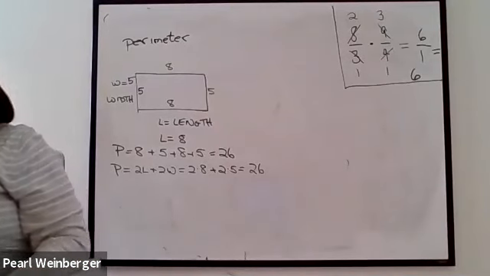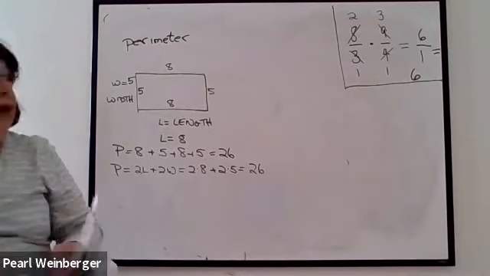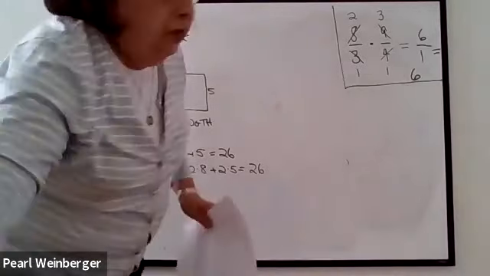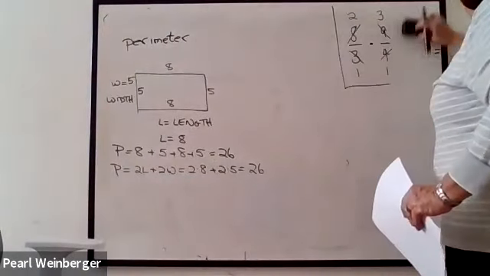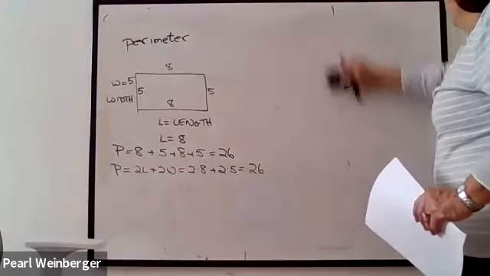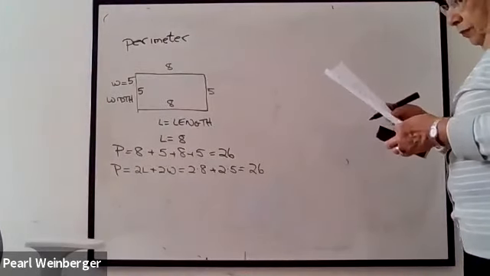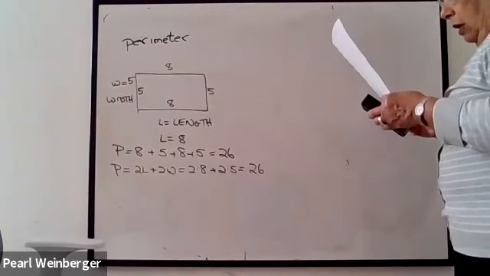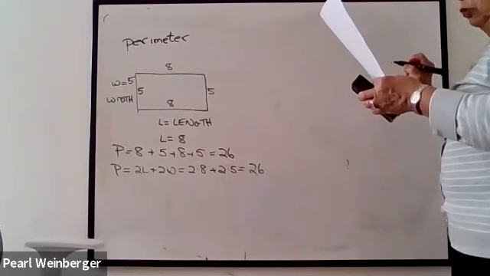So let's look at a type of question that we might encounter with perimeters. Suppose I tell you that this is a swimming pool.